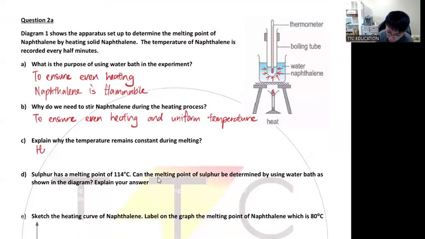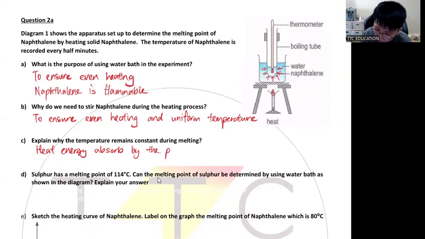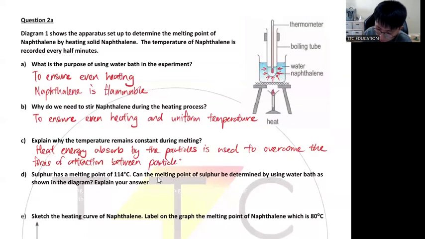So we say that heat energy absorbed by the particles is used to overcome the forces of attraction between particles to turn from solid to liquid.